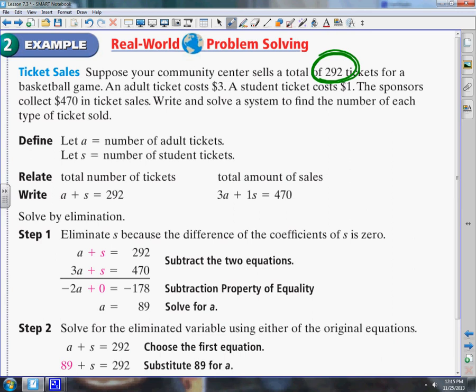That's going to be your first equation. It's just going to be x plus y equals 292. So this is what they did: A plus S, adults plus students equals 292. And then they did the adult tickets $3 and the student tickets $1, and that equaled $470. So then they have a whole second equation.